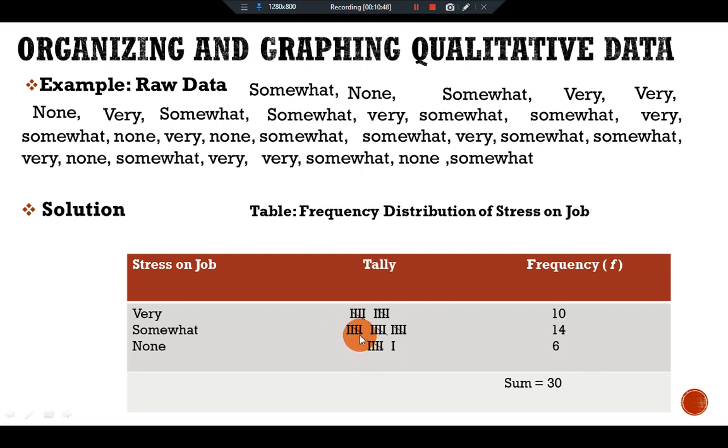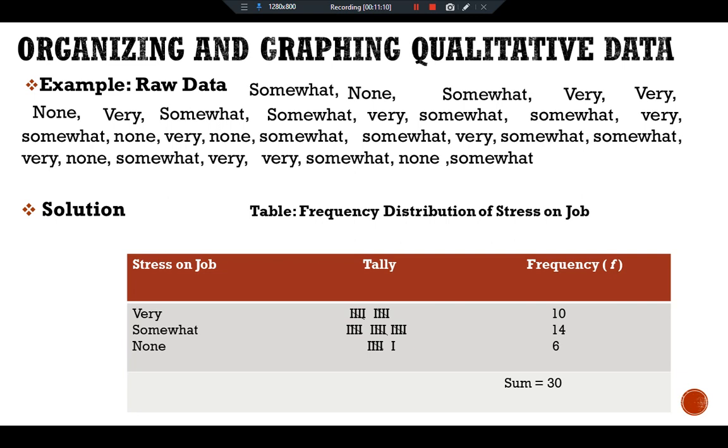So like that, when we get the fifth response for a particular category, we cross the 4. This cross represents that a total of 5 responses are recorded.